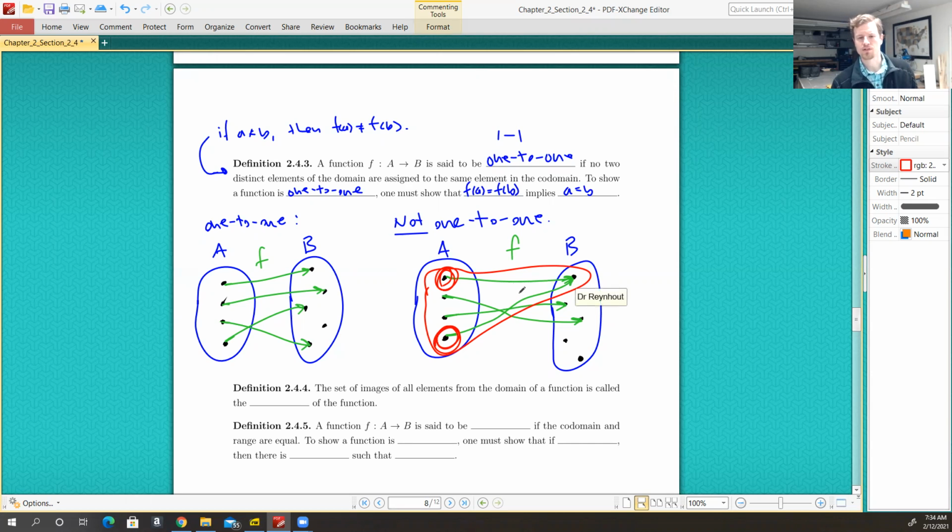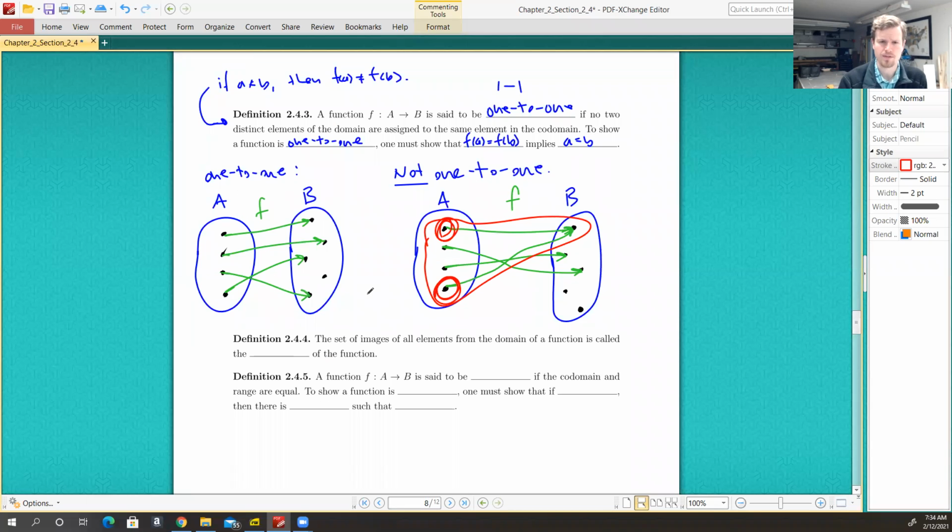This is not one-to-one. 2 elements here associate to 1 element here. Not one-to-one. Hopefully that clarifies a little bit about what one-to-one is.